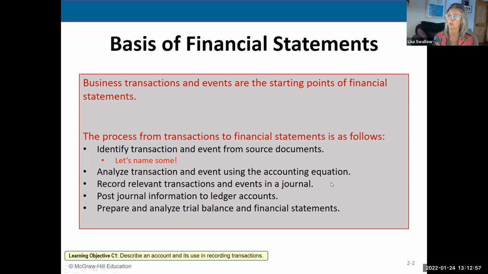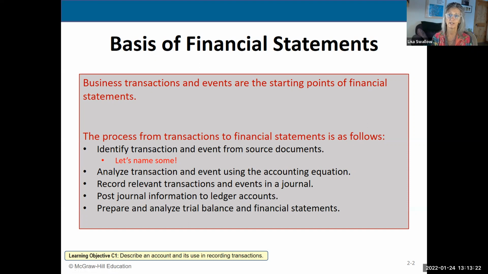So what we do to record these events is we record them in something called a general journal. And that's where we're going to start learning about debits and credits. Then we take all the information in the journal and put that into our general ledger.